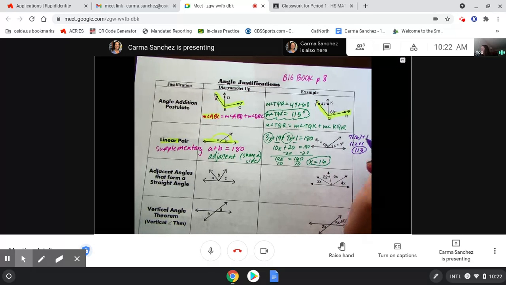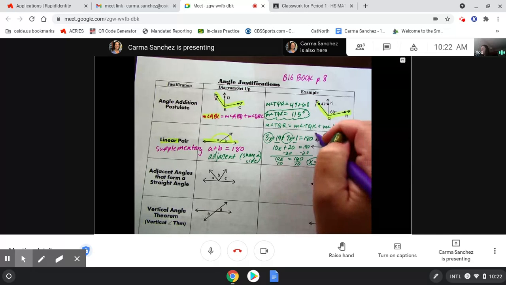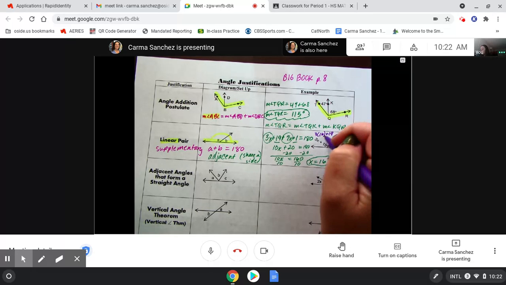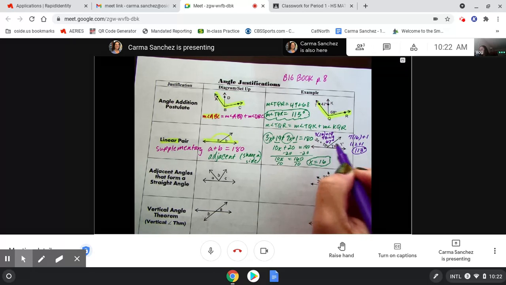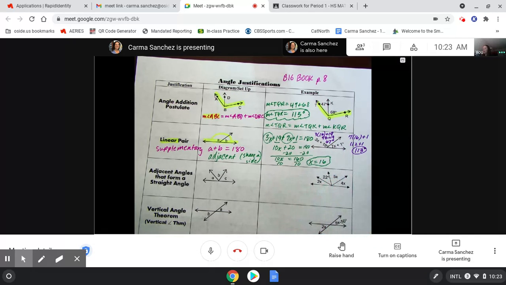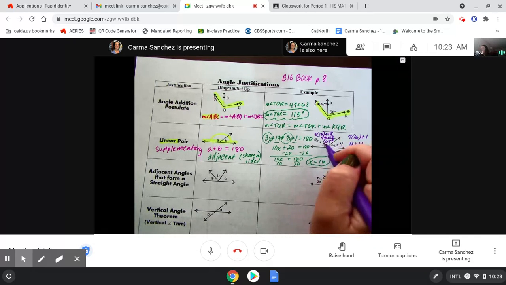And likewise, on the other side, 3 times 16 is 48. 48 plus 19 is 67. So the angle measures are 67 degrees and 113 degrees. It actually looks like these two should be switched, right? Shouldn't 113 be an obtuse angle and 67 the acute angle? But anyways, either way, those are your angle measures.